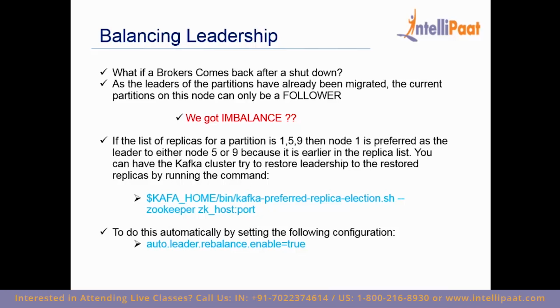So what we got? We got imbalance. To handle this kind of situation, we need to run this kafka-preferred-replica-election.sh script. As an example, you can see on the screen that if the list of replicas for a partition is 1, 5, 9, then node 1 is preferred as the leader over either node 5 or 9 because it is earlier in the replica list.